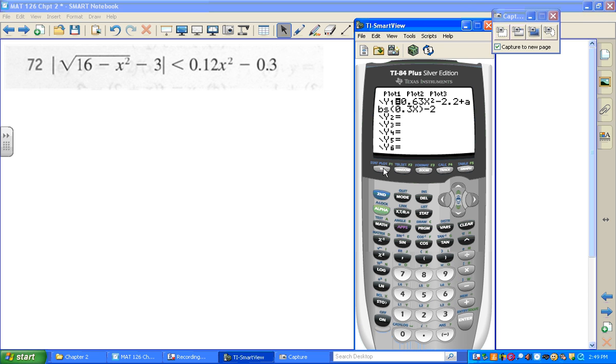Y equals 0.12x squared minus 0.3 minus the absolute value of the square root of 16 minus x squared, minus 3.